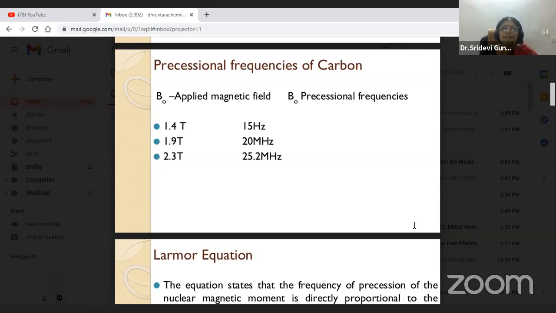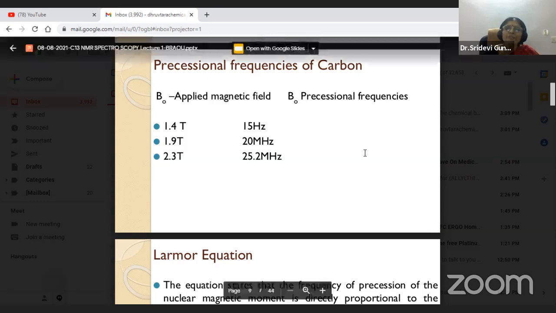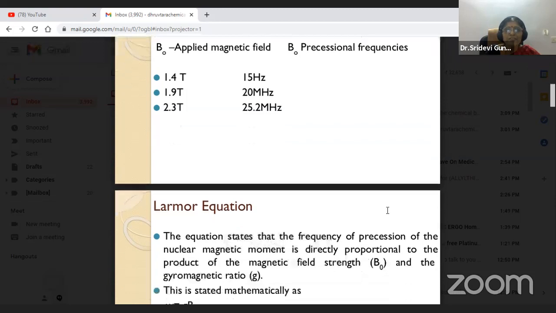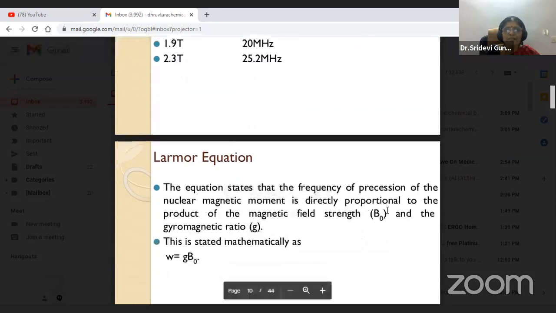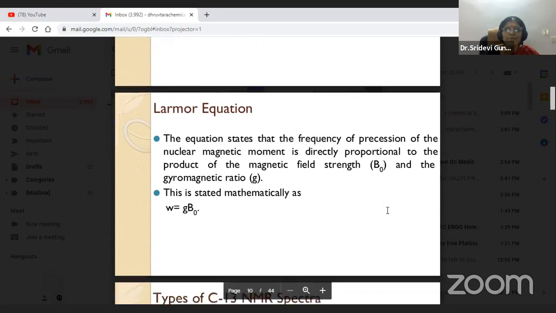Organic molecules have both carbon and hydrogen. But when you are recording hydrogen spectra, that is proton NMR spectra, you will not see carbon signals. When you are recording carbon spectra, you will not see proton signals. Why? Try to read, try to understand, and tell me the answer later. If you don't get the answer, I'll explain in the later classes.